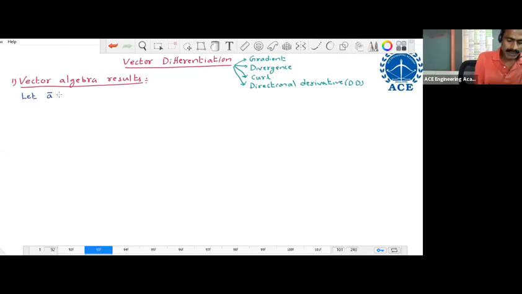Let A bar equal to A1 i bar plus A2 j bar plus A3 k bar, and B bar equal to B1 i bar plus B2 j bar plus B3 k bar, any two vectors. By taking these two vectors, we get all the required results of vector algebra.